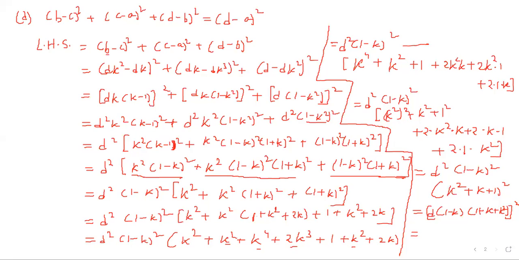So it is d into (1 minus k cube). We know that (a minus b) into (a square plus b square plus ab) is a cube minus b cube. This is d square as we are squaring it whole. So d square into (1 minus k cube) whole square, or don't square it otherwise.